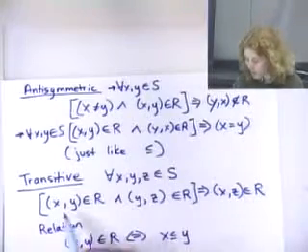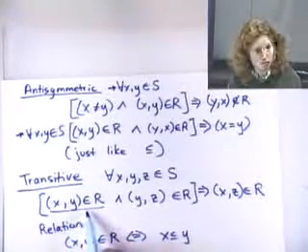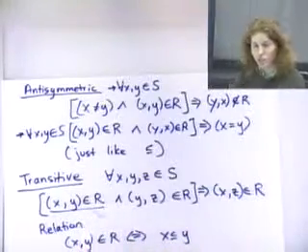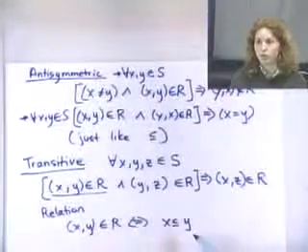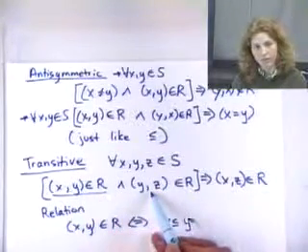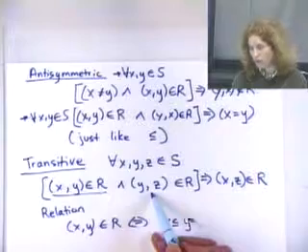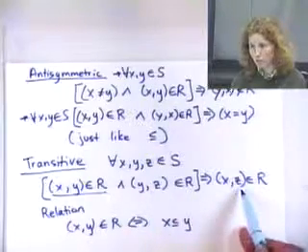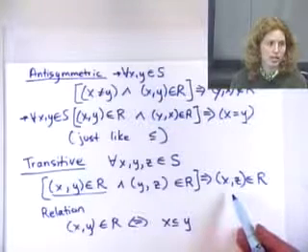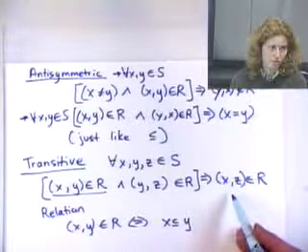And then for (x,y) is in R, I can put x less than or equal to y. Right? So if I wanted to check and see if this relationship is transitive, I would put x less than or equal to y and y less than or equal to z, and x less than or equal to z, and then see if this implication is true for all x, y, and z. If it is, then it would be transitive.